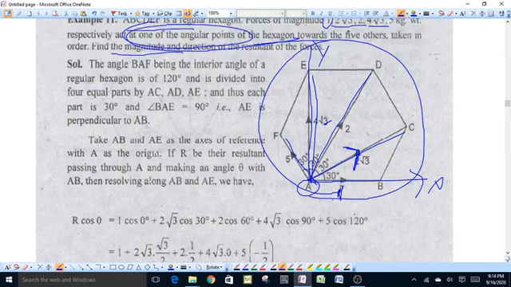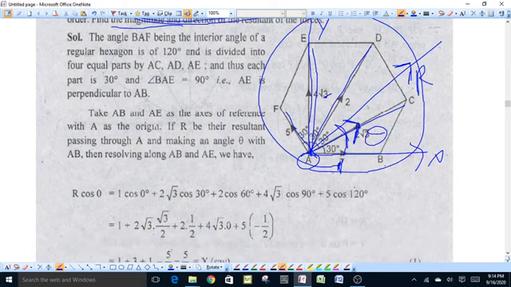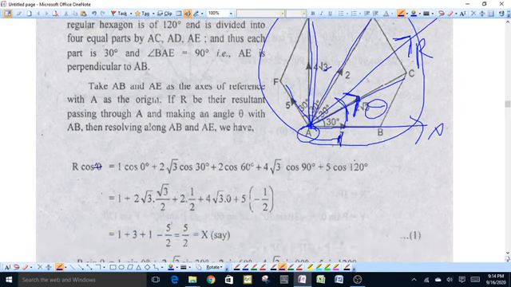Suppose their resultant is R, which makes an angle theta with the positive direction of the x axis. Then the x component of the resultant will be R cos theta, which is equal to the algebraic sum of the x components of all the individual forces.